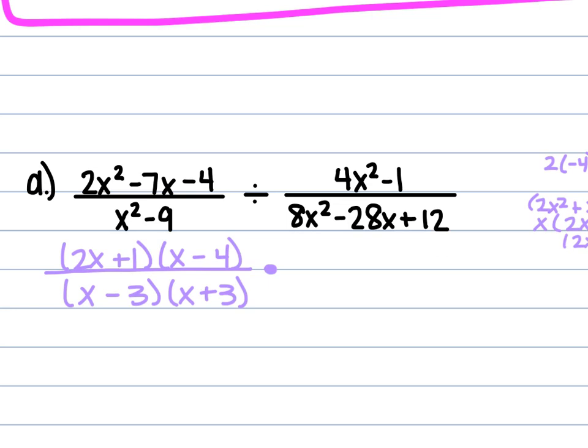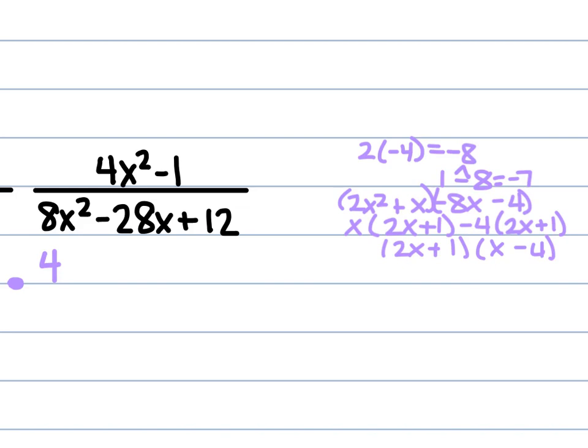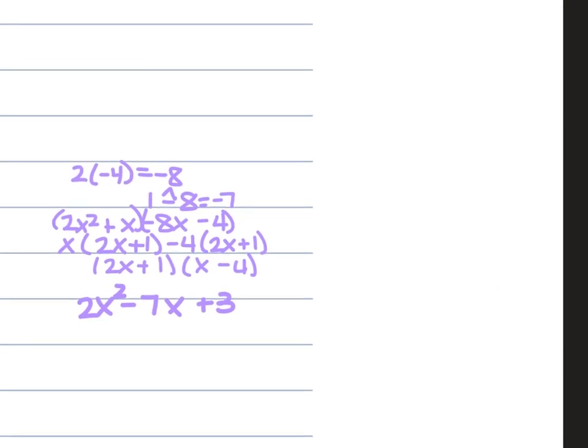With that second fraction, you can factor out the greatest common factor first. The greatest common factor there is a 4. So then we would have 4 times 2x squared minus 7x plus 3 instead. If we go to factor that, we have the 2 and the 3, which gives us 6.